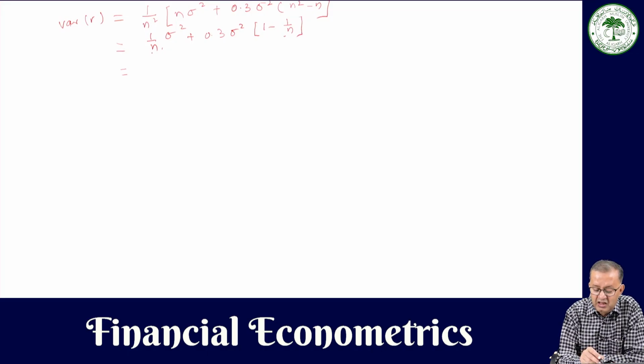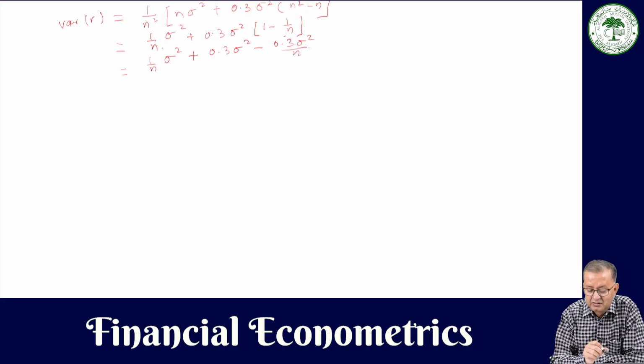So we can write it like this: 1 upon n sigma square plus 0.3 sigma square minus 0.3 sigma square by n.